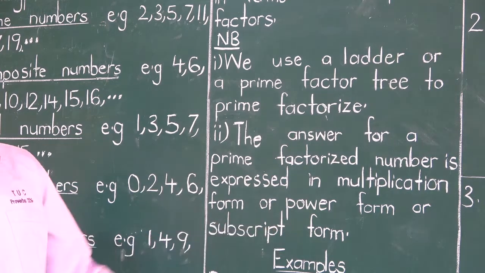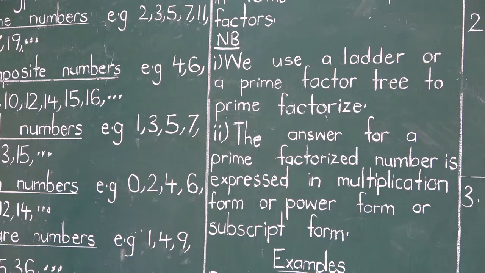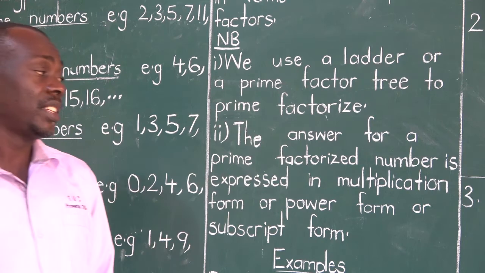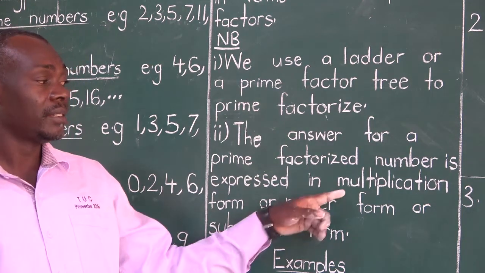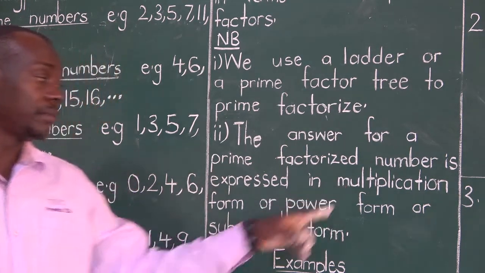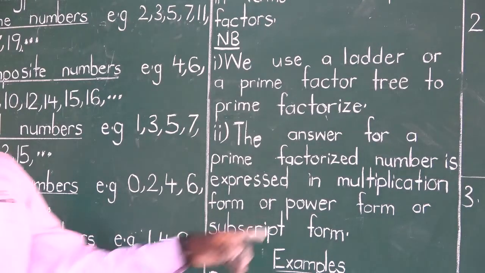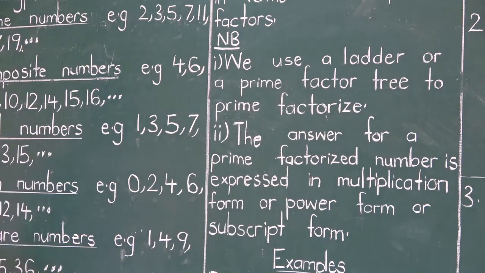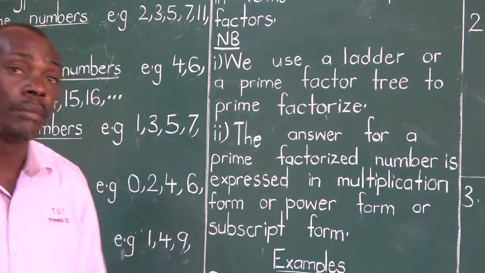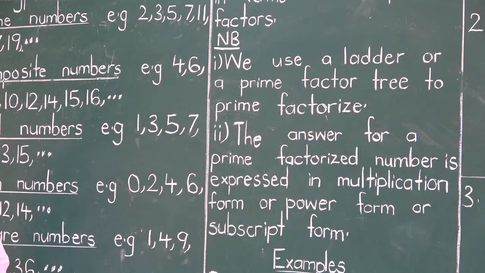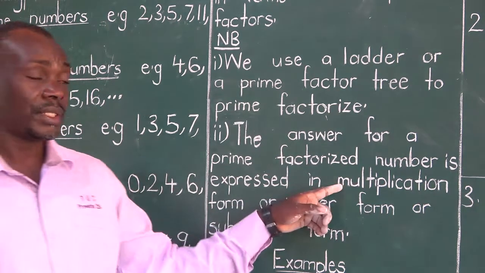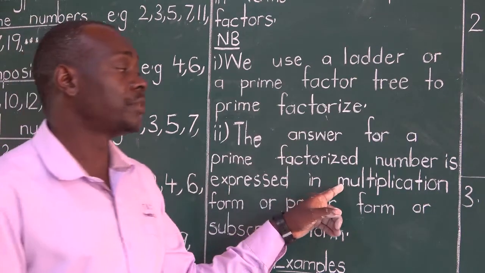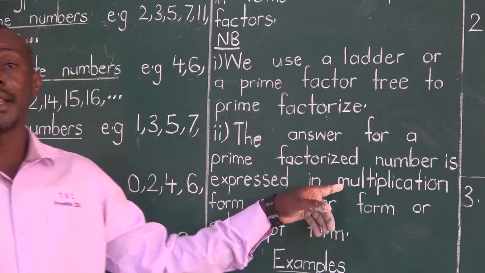You must know that the answer after prime factorization is expressed in any of the 3 ways. 1, multiplication form. 2, power form. 3, subscript form.